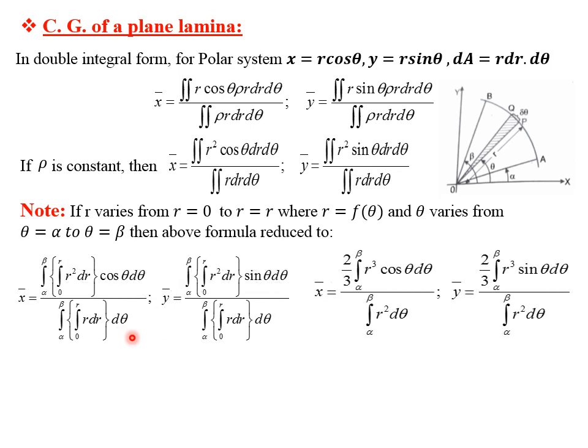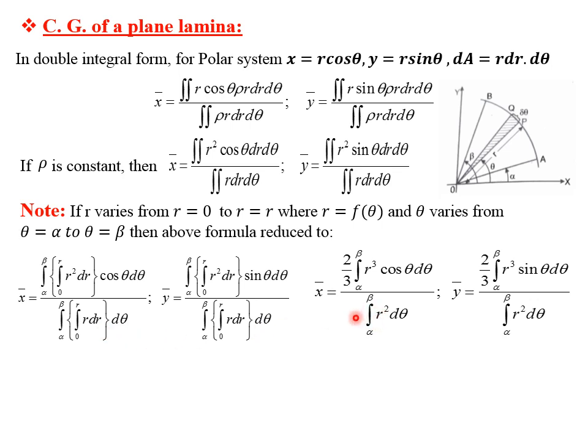So when we solve it further, we are getting x bar is equal to, integration of r square is r cube upon 3, and when we put upper and lower limit, we'll get r cube upon 3 as a value of this bracket into cos theta d theta as it is, and we are getting 1 upon 3 in a numerator. In a denominator, integration of this inner bracket is nothing but r square upon 2, and when we put upper and lower limit, we'll get r square upon 2.